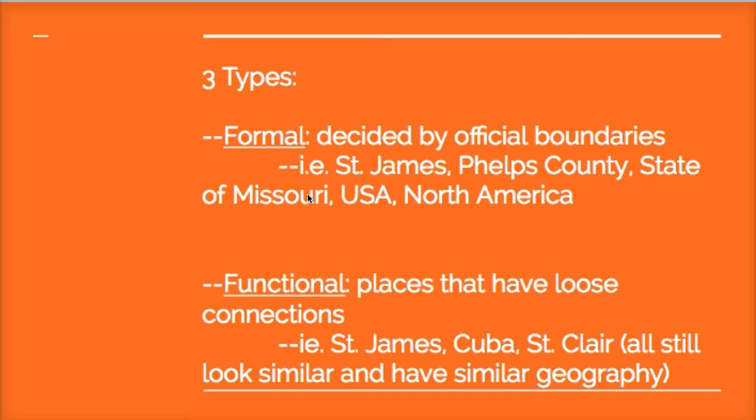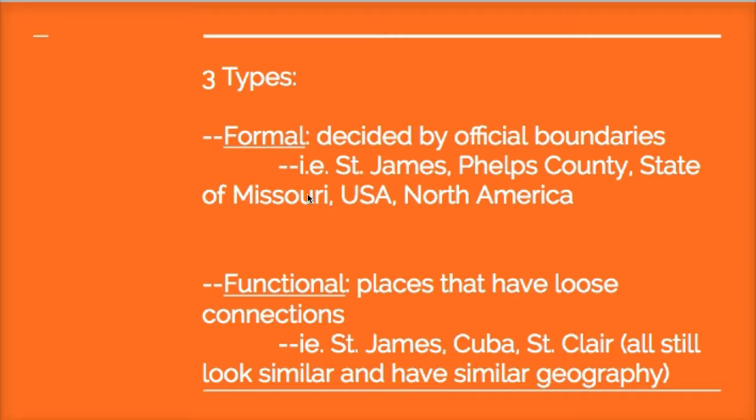Functional regions are places that have loose connections. So St. James, Cuba, St. Clair, yes, they all are in the formal region of Missouri. However, if we look at them a different way, they're also functional. They all are in that same sports division. They have similar geography, meaning physical geography, and cultural geography.